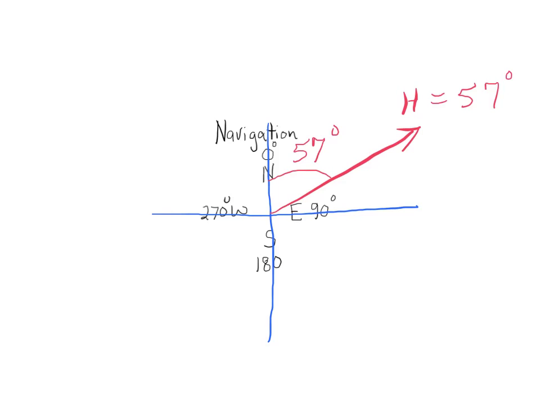Let's introduce another concept. Let's say that we're heading like this, and we know this is 45. So we're not going straight east, and we're not going south, but we are going halfway between, so we are going southeast.